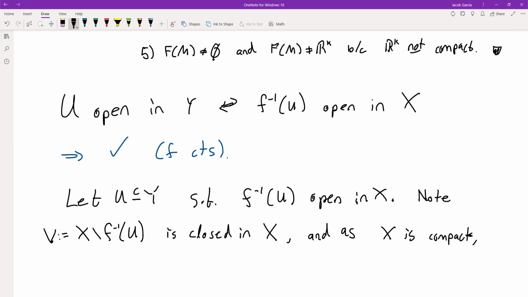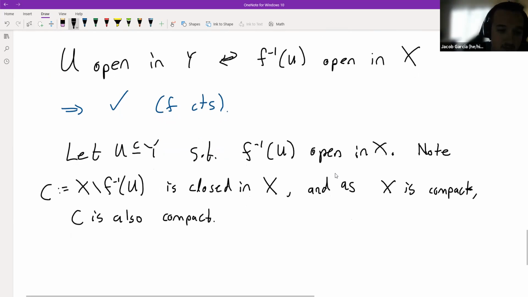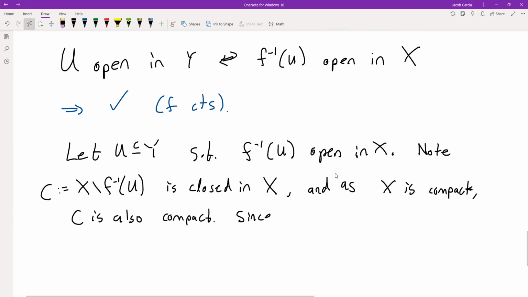We know f is onto, so Y is equal to the image of a compact space X. So Y is also compact. Although hang on, I don't know if I needed that step yet. But we know that the compact image of the compact V is compact in a Hausdorff space, so it's closed.